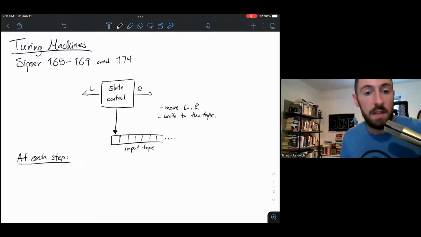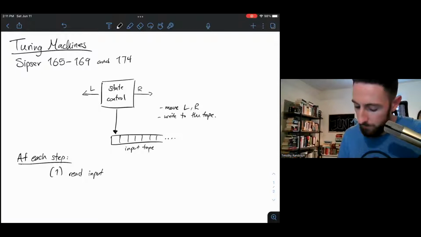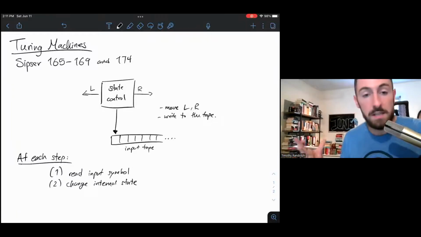So at each step, the Turing machine can do all of the following. It can read in one symbol from the current square of the tape that it's looking at, like the automata we've seen before. It can also change its internal state, so that's doing something inside the box, like moving from Q0 to Q1.